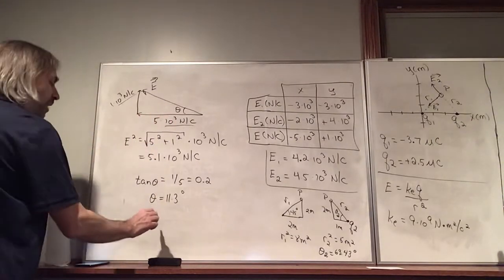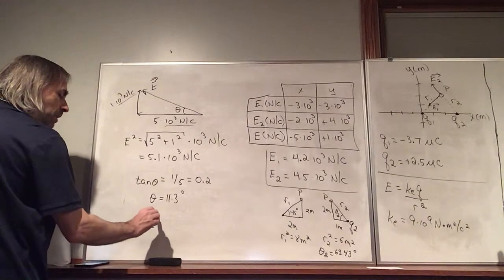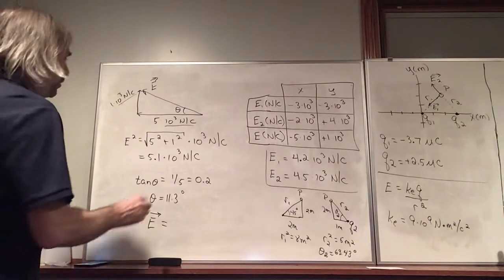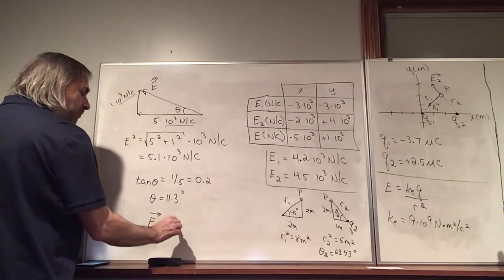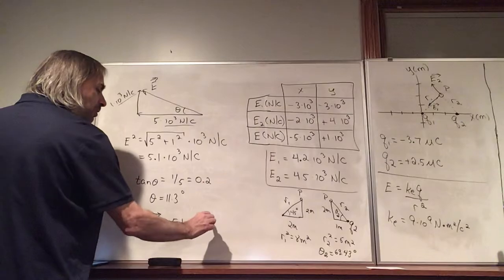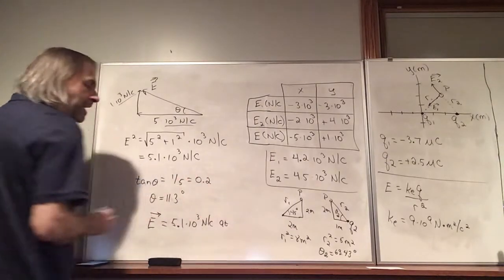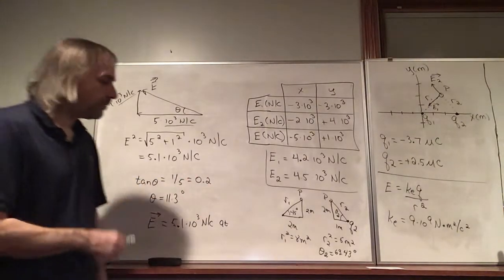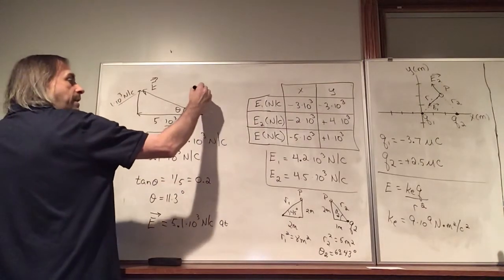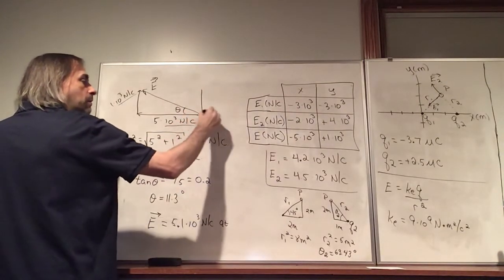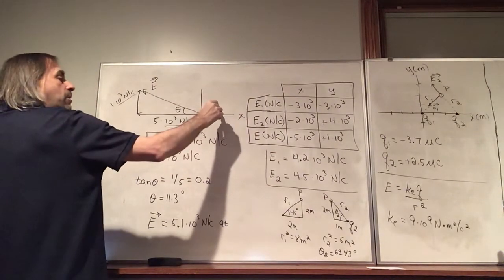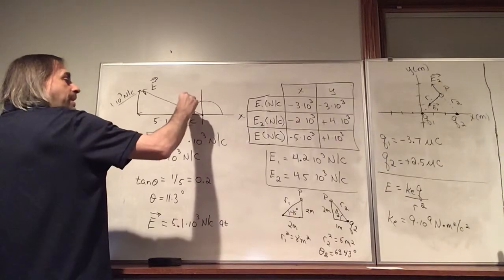So one way we could write the electric field, in standard form, is 5.1 times 10 to the third newtons per coulomb, at some angle. In standard form, this is our x-axis, and we measure counterclockwise from the positive x-axis.